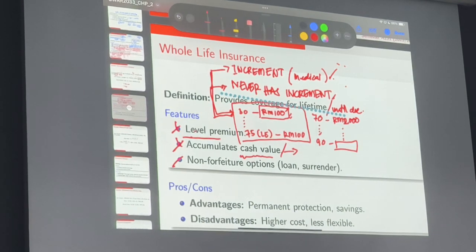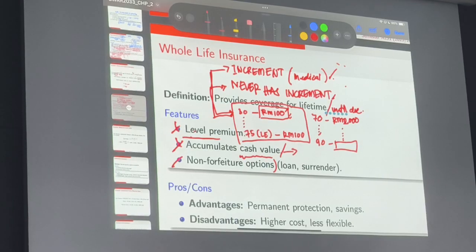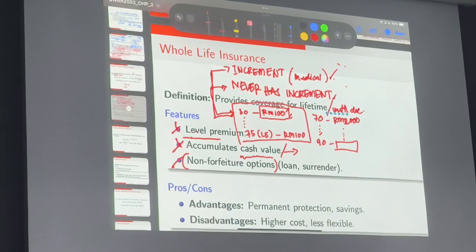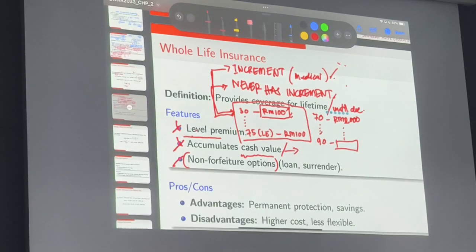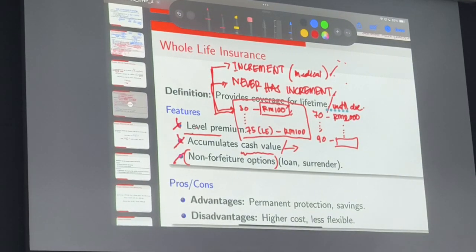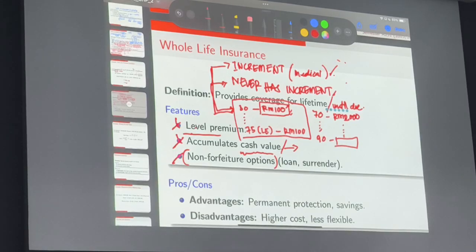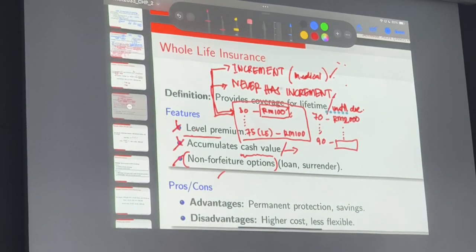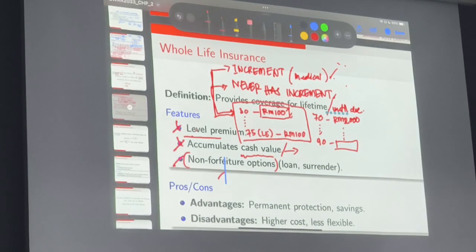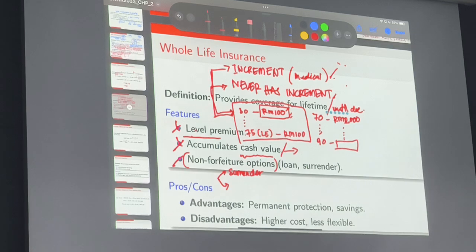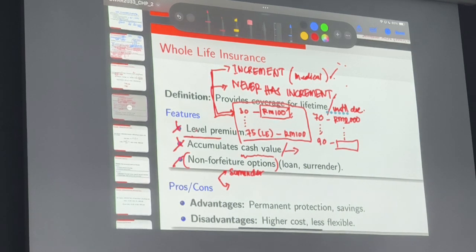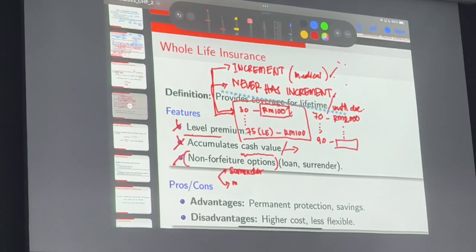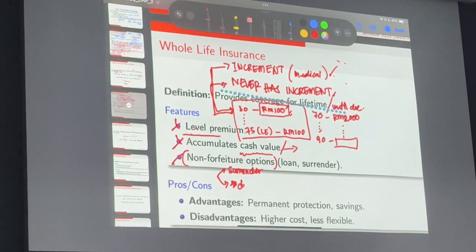Okay, non-forfeiture options ni is like when you surrender, when it comes time in the future, there is possibility, either you surrender or policy maturity, is not maturity, tak ada maturity kat sini, or dies lah.